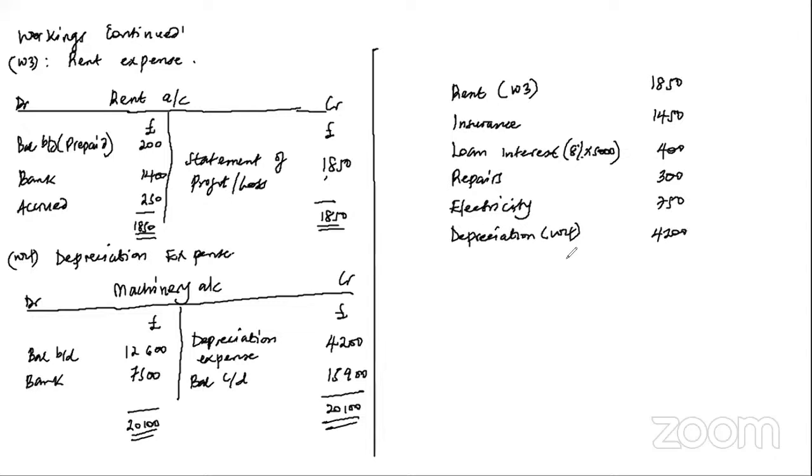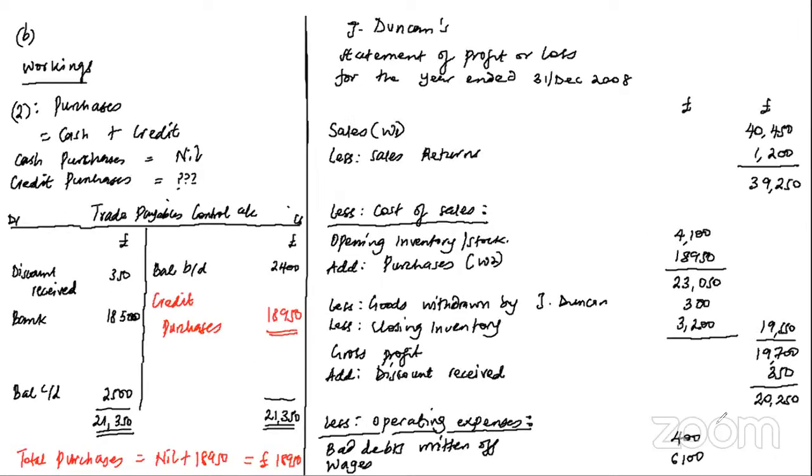Those are your operating expenses. You're going to add all these. We transfer the total to the second column, then you come up with our gross profit. We have 4,200 plus 750 plus 300 for repairs plus 400 plus 1,450 plus 1,850, then plus our wages of 6,100, then plus 400.